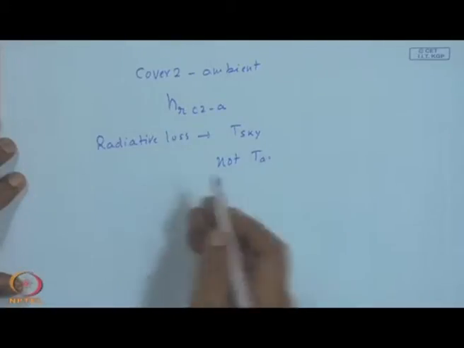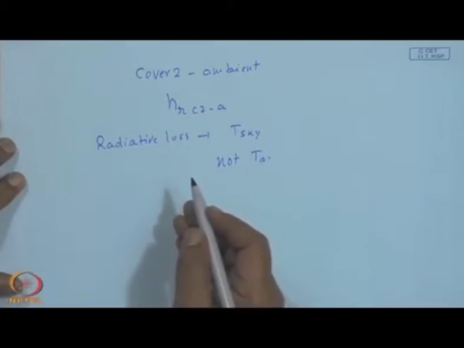But since we want to write everything as overall loss coefficient multiplied by T p minus T a or T f minus T a or T f I minus T a, we would like to base it with respect to the ambient temperature.